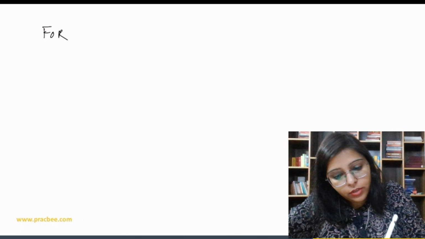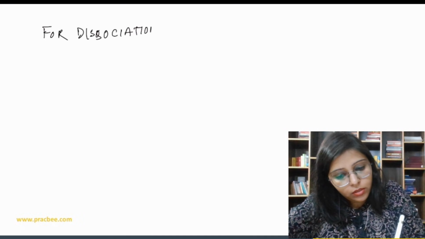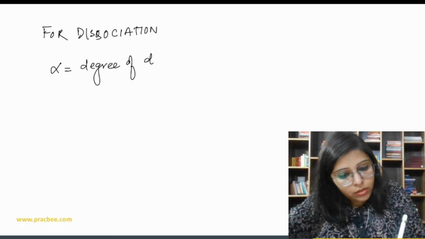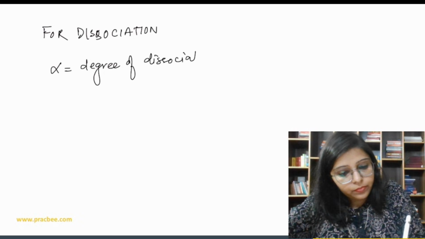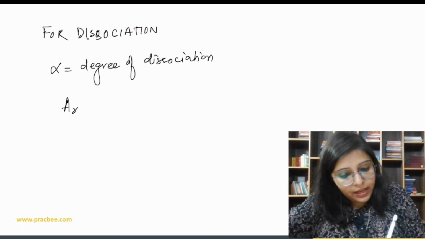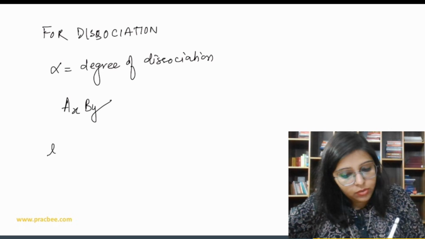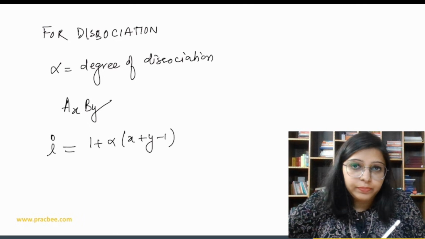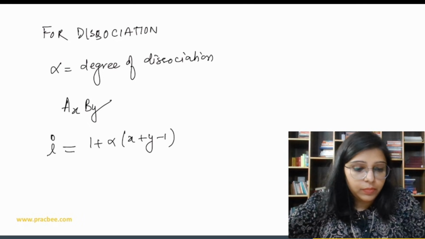So for dissociation, alpha is the degree of dissociation, and if we have AxBy, how do we determine the i value? i is equal to 1 plus alpha times (x plus y minus 1). That's how we can determine it.